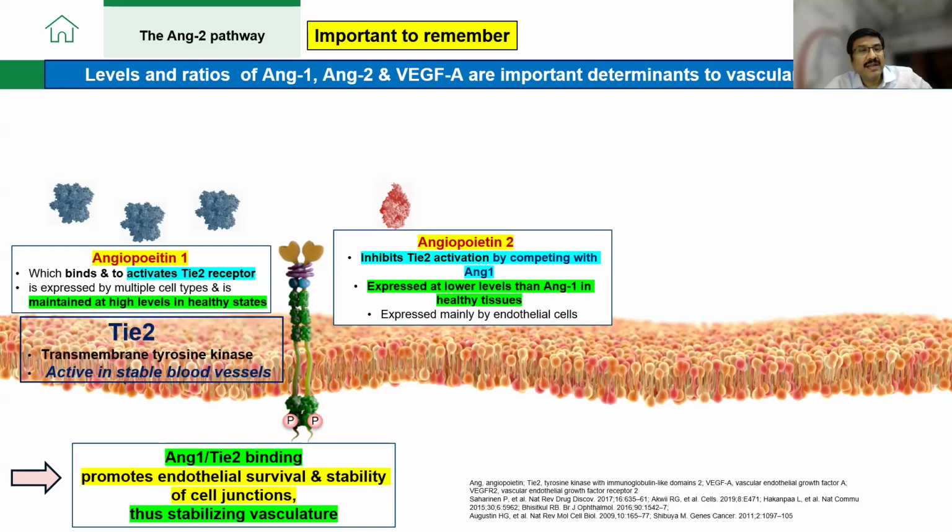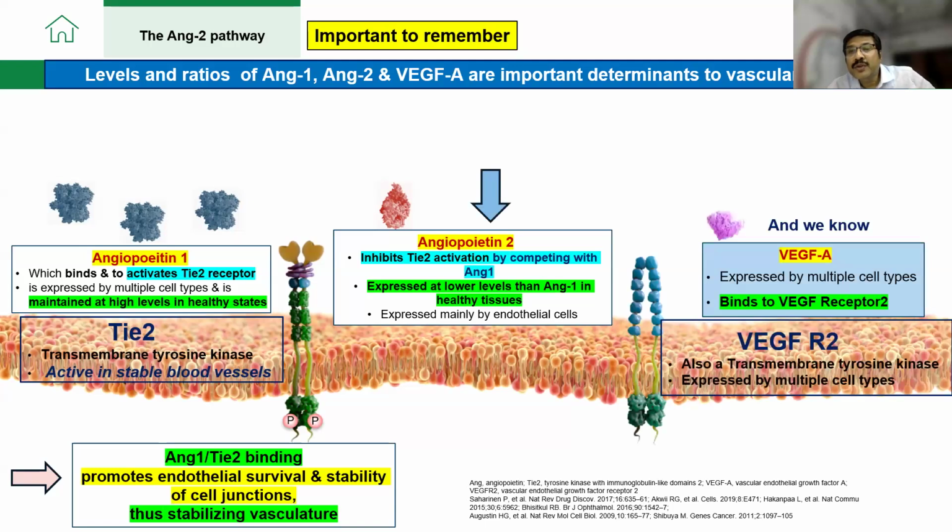Angiopoietin 1 to Tie2 binding promotes endothelial survival and stability of cell junctions, thus stabilizing the vasculature. Angiopoietin 2 inhibits Tie2 activation by competing with angiopoietin 1 and is expressed at lower levels than angiopoietin 1 in the healthy tissues. And we know that VEGF-A binds to VEGF receptor 2.